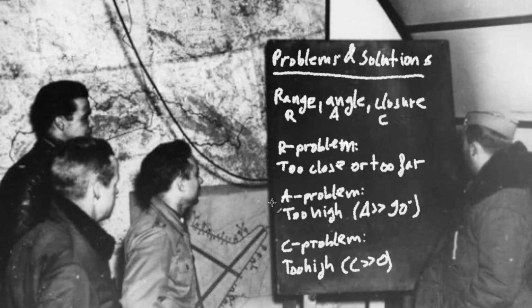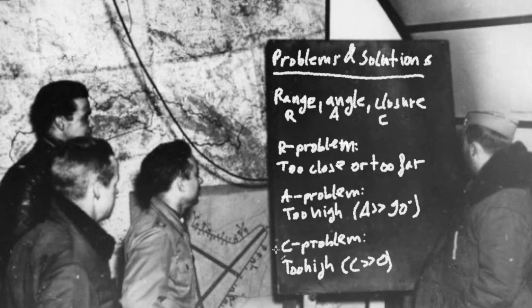An angle problem is usually when the angle is relatively high, much greater than 90 degrees, because angles greater than 90 degrees make it very difficult to hit a target, and the opponent can potentially shoot back. So think of a typical head-on approach. That wouldn't be ideal, obviously. So too high an angle is not good either.